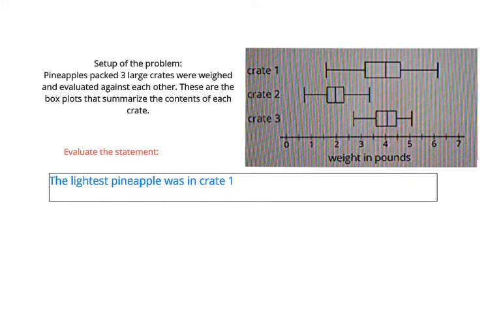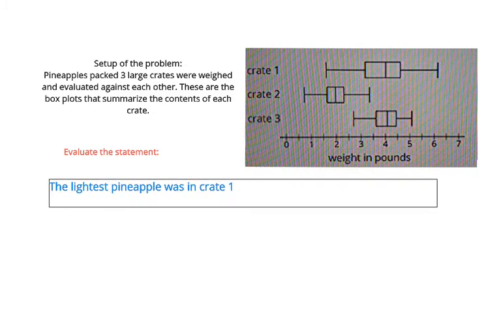Okay, the third statement we want to look at is that the lightest pineapple was in crate 1. In the previous question, we were looking at the largest pineapple on the right-hand side of each of the whisker plot data sets. But in this case, we're looking at the far left-hand side. What we see is that the smallest pineapple in all of crate 1 was 1.5 pounds.